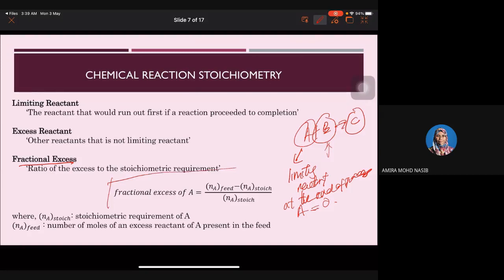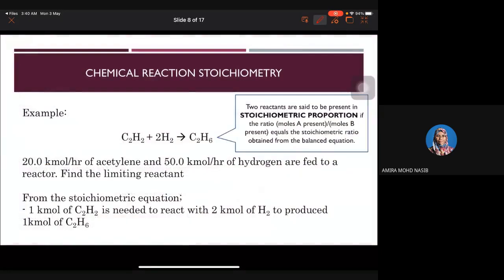This is your formula to find the fractional excess of A, which is equal to moles of feed minus moles of A based on the stoichiometric equation, that is, the amount that you base on the stoichiometric equation, divided by moles of A based on the stoichiometric equation. We can see it from the example later.